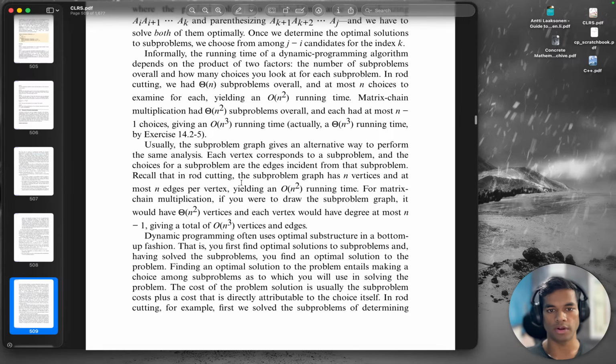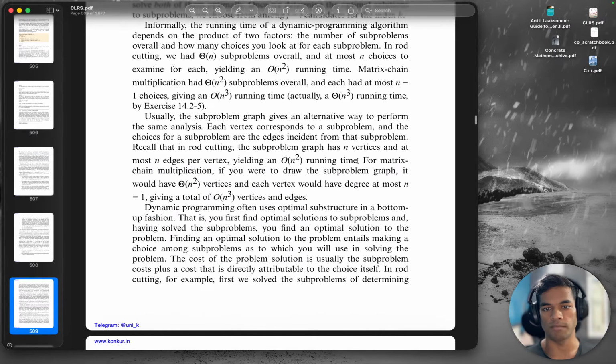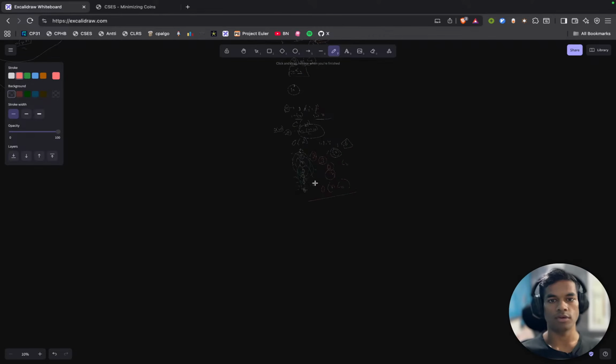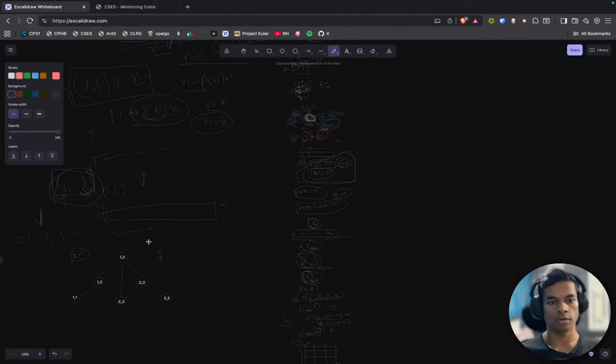Recall that in rod cutting, the subproblem graph has n vertices and at most n edges per vertex, yielding a time complexity of n square. For matrix chain multiplication, if you were to draw the subproblem graph, it would have n square vertices. That makes sense. And I think we actually did make a subproblem graph yesterday.